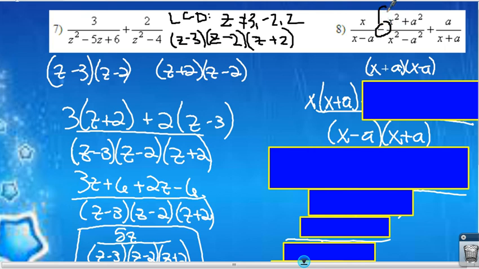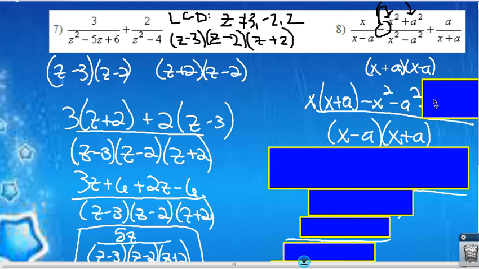That subtraction goes to this entire fraction, both the x squared and the a squared. So what I did in this step is I distributed that negative to both the x squared and the a squared. Both of those terms are getting subtracted since that entire fraction is getting subtracted.